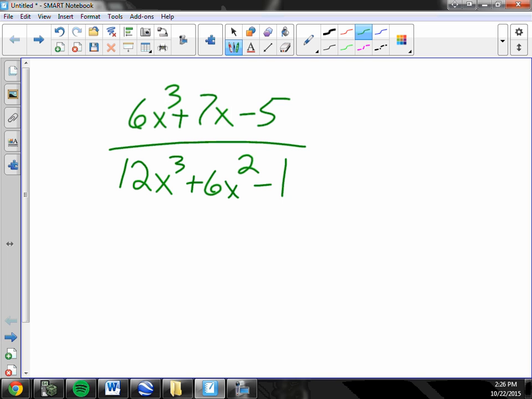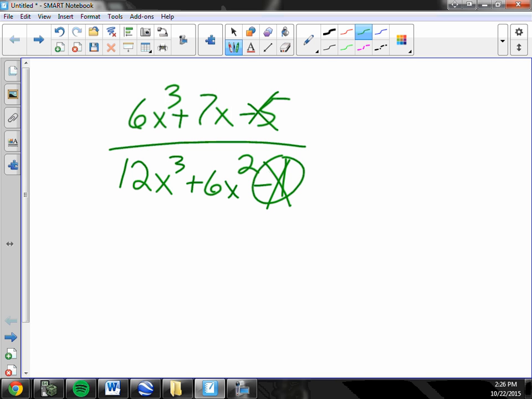If I start plugging in humongous numbers, is this 1 going to affect much? No. Is the 5 going to affect much? No. What about my 7x? Is 7x going to be relatively the same size as 6x to the third? Not if the numbers are huge.